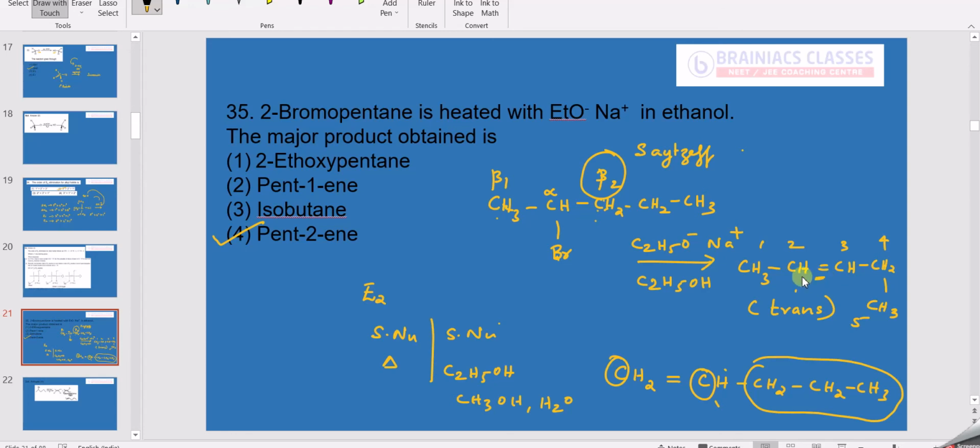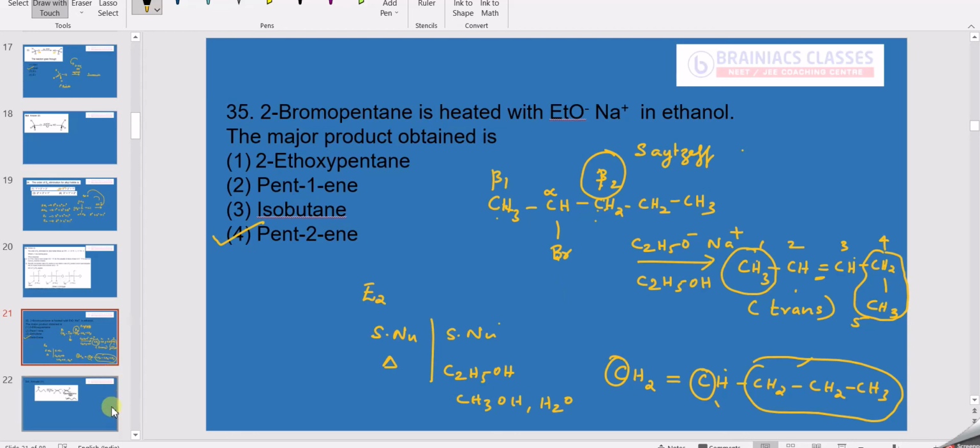In the earlier product, 1 hydrogen is replaced by CH3 and on the other carbon 1 hydrogen is replaced by CH2CH3, so 2 substitutions are there. Here only 1 substitution is there. That's the reason why beta 2 is selected. Clear? Any doubt, please ask me.